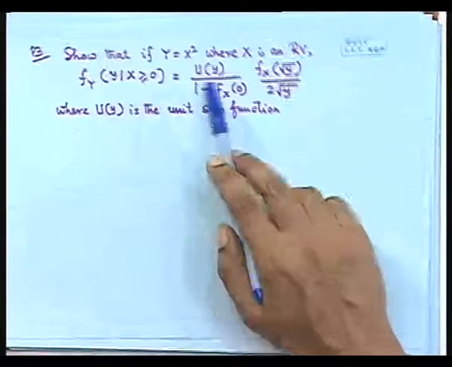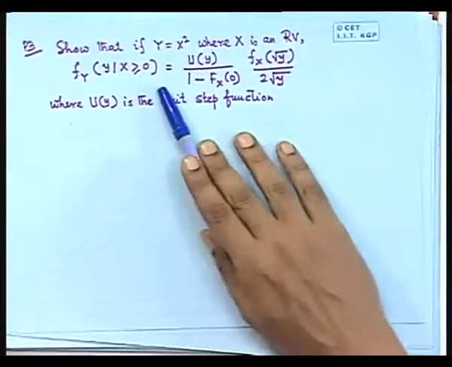Why this? What is F_x(0)? F_x(0) is the probability that x is less than 0. We are not bothering about those finicky continuity conditions, whether less than or equal to, let's ignore them. So what is 1 minus F_x(0)? It is the probability that x is greater than or equal to 0.